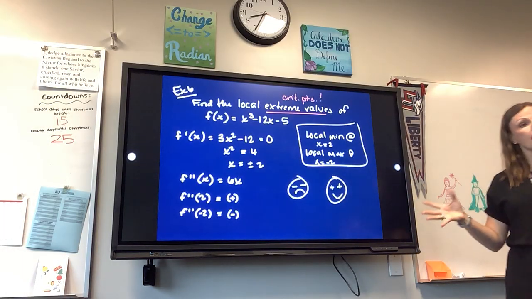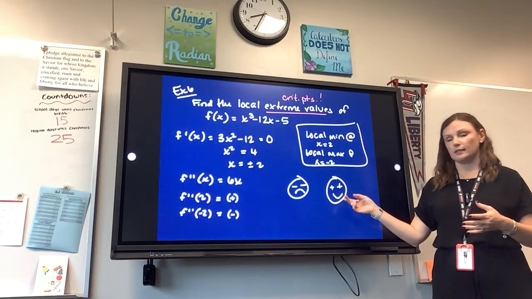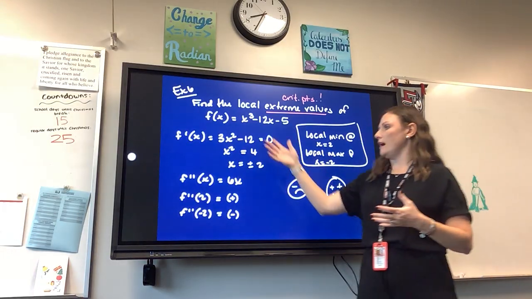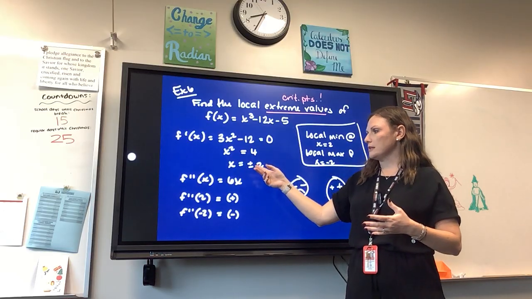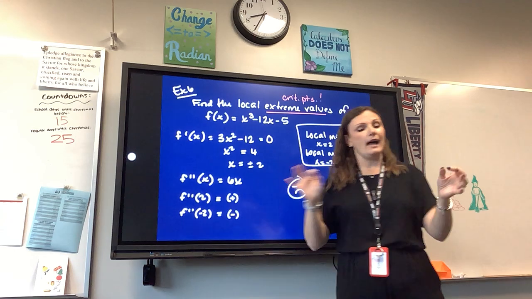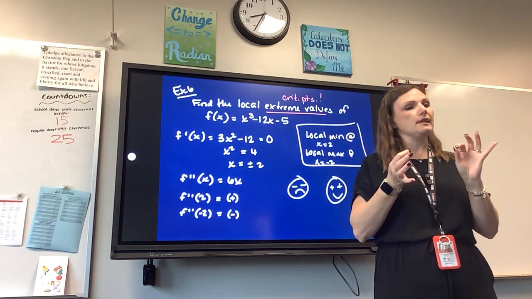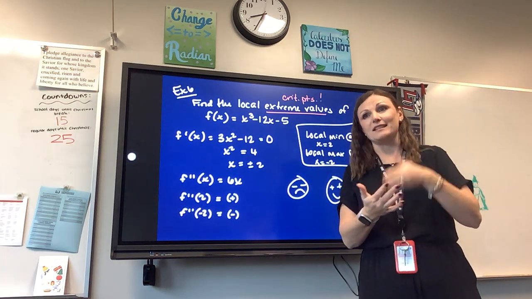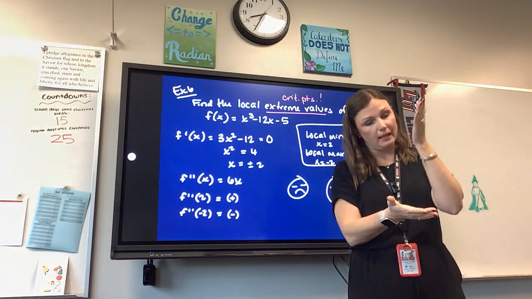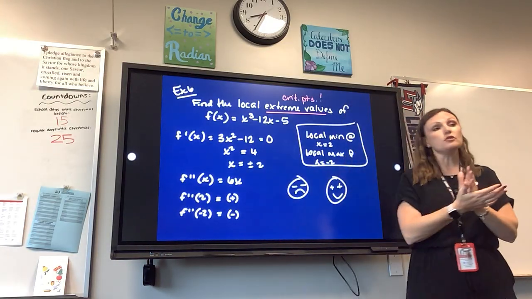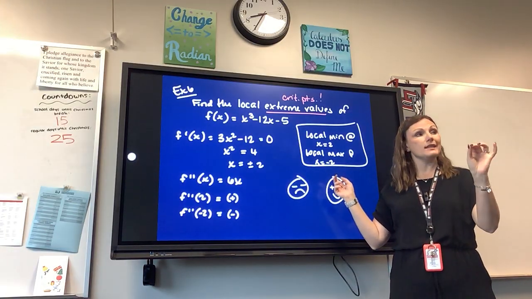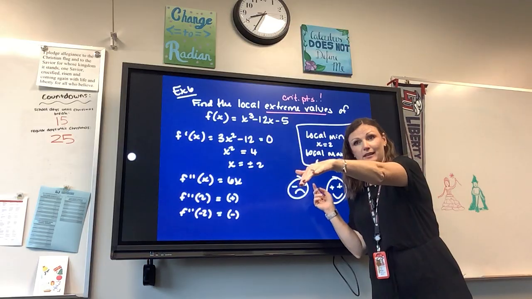But let's go to the second derivative test. You find the critical points, just like the first derivative test, same idea. We've got our numbers here, but then you plug them into the second derivative. The difference with the second derivative test is what is happening at the critical points, not around it on either side, but what is happening there. The second derivative, being positive or negative, tells you what about f?